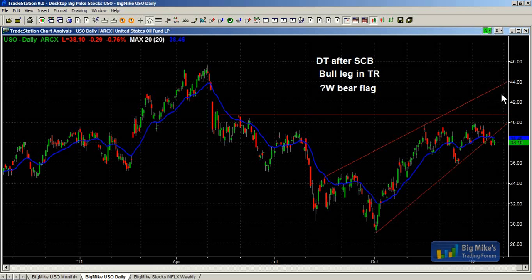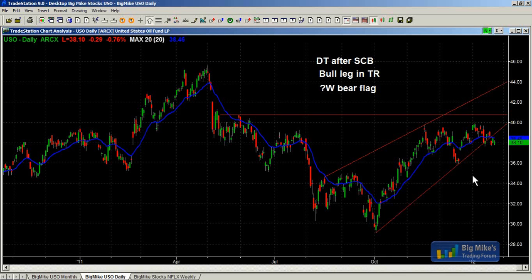It may have a wedge shape, I don't know. But to me, this is a bull leg in a trading range, and we're near resistance, the beginning of the channel. So I think crude oil, if it does go higher, probably won't go much higher before it finds much more aggressive sellers.